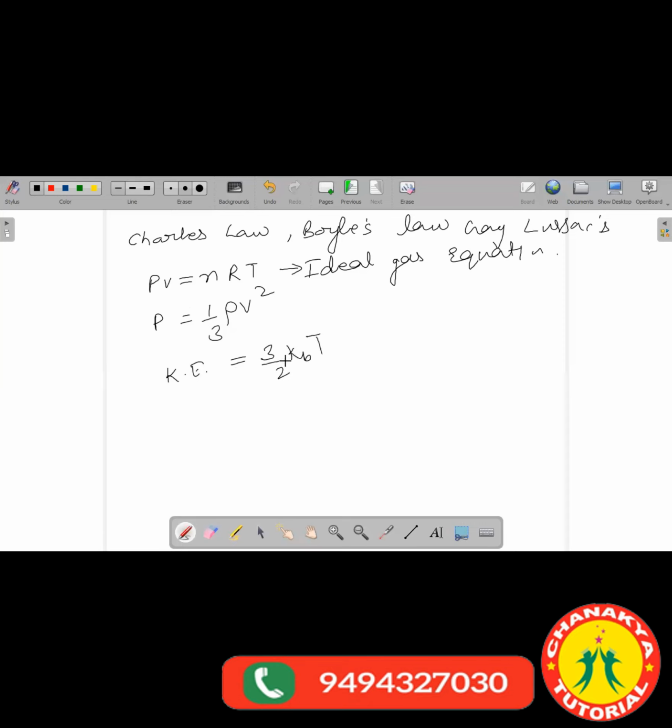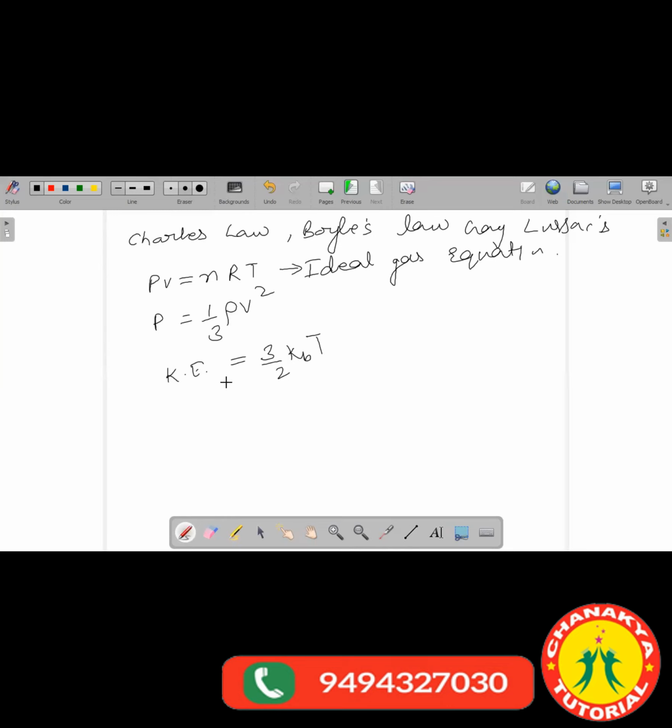So these are some of the important points of this chapter. After all discussions, we have got these main points: Charles law, Boyle's law, Gay-Lussac's law, the ideal gas equation, P equal to 1 by 3 rho v squared, and K equal to 3 by 2 kBT. Now there is one important question which combines this chapter and the dimensions chapter.